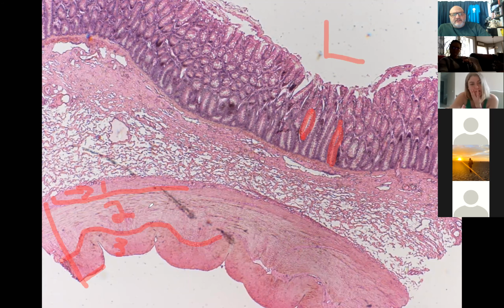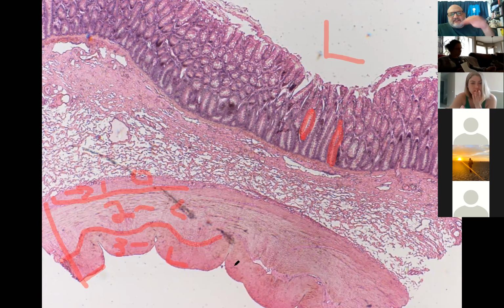Yeah, it's the oblique. Excellent. Number 2 would be longitudinal? Or is 3 longitudinal? 3 is longitudinal. So then that makes 2 circular. There you go. Excellent. So oblique, circular, and longitudinal.